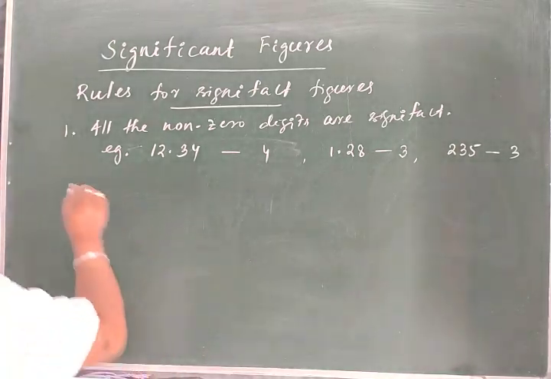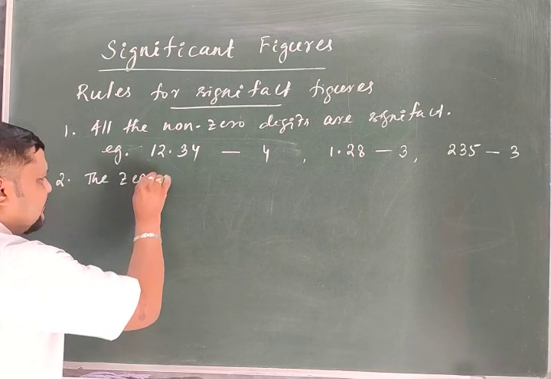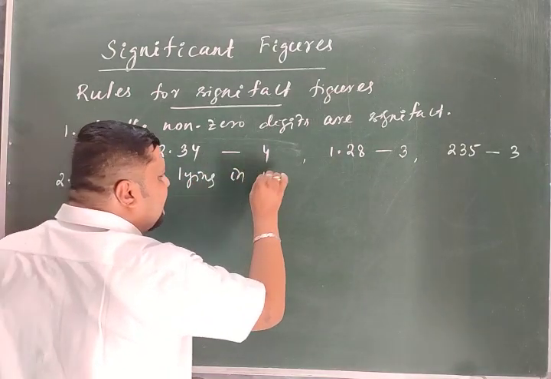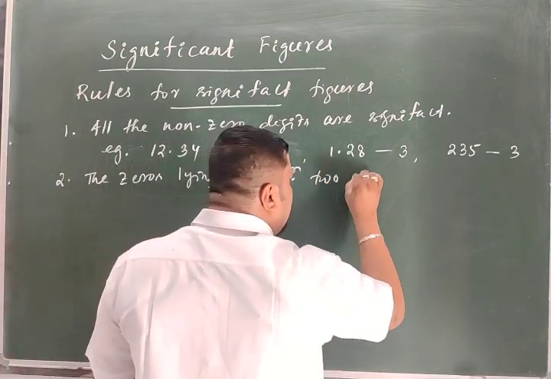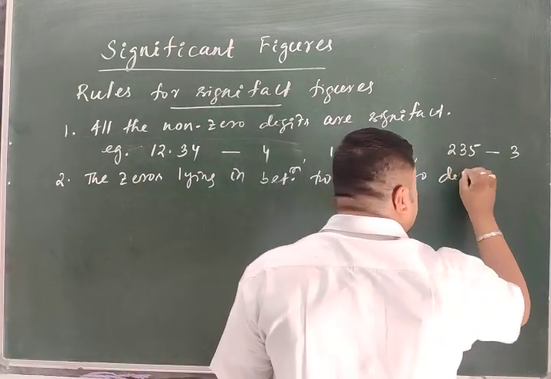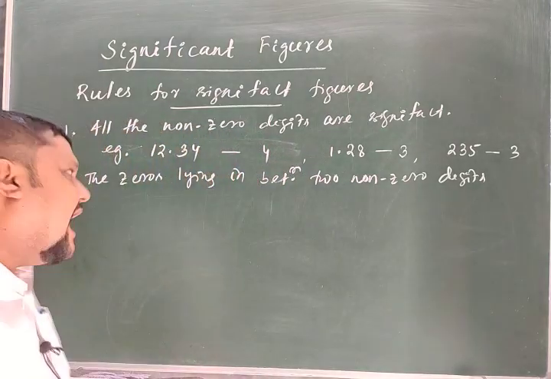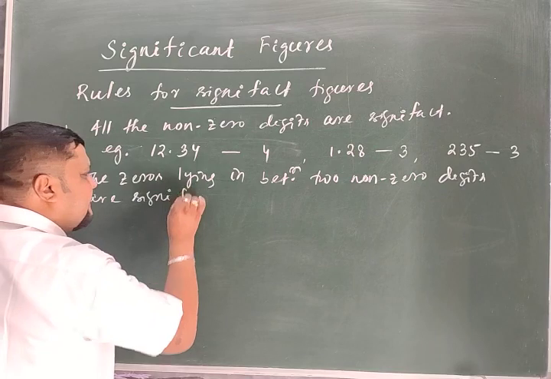Now the next rule is the zeros lying in between two non-zero digits are significant.